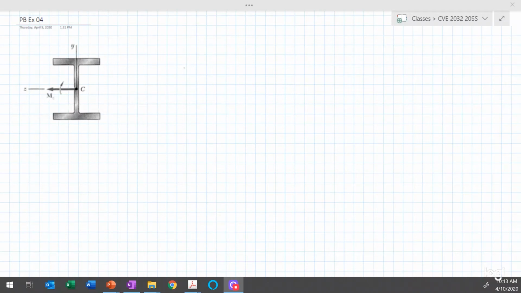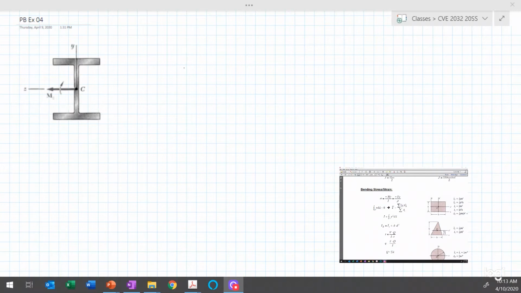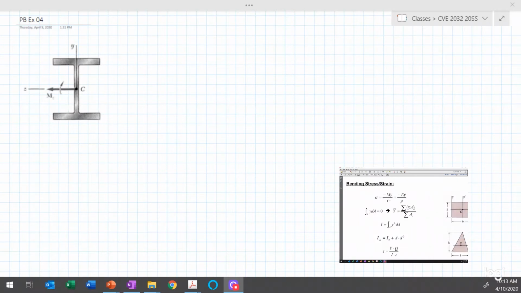Okay, so here we are in OneNote, and I don't have the problem definition, but of course I do have the image of the problem. One of the first things I'll do is refer to our equation sheet and look at the bending equations to identify which one we can start with.